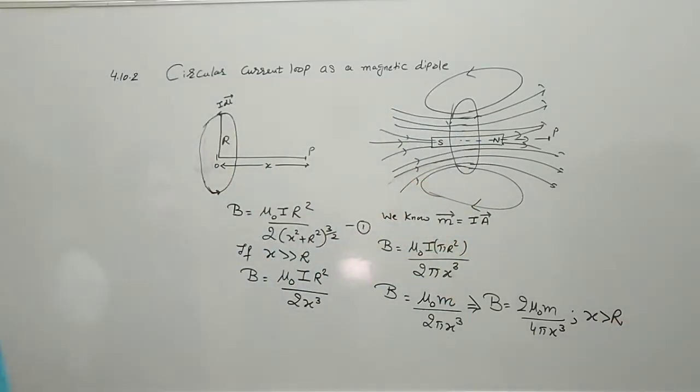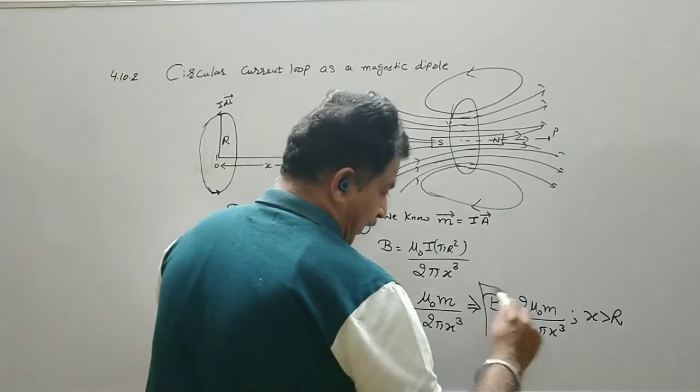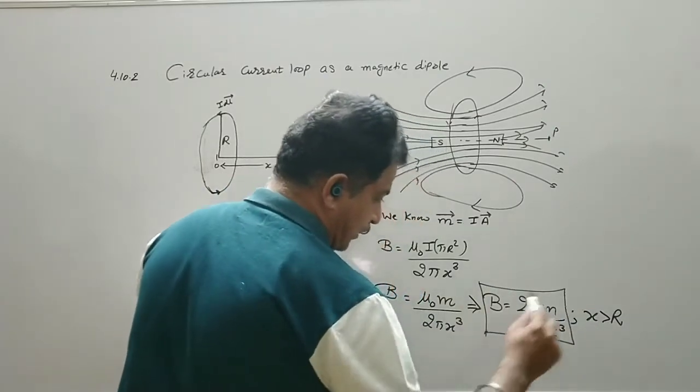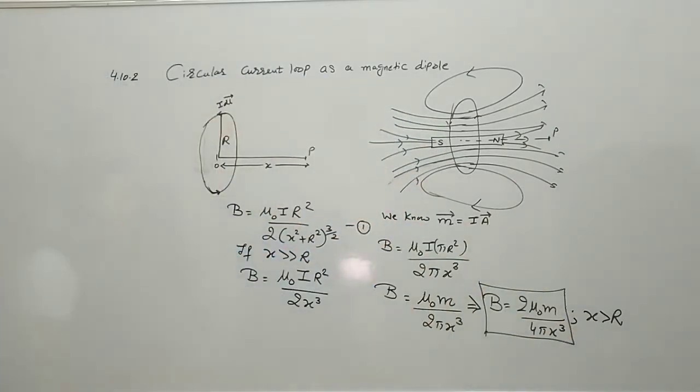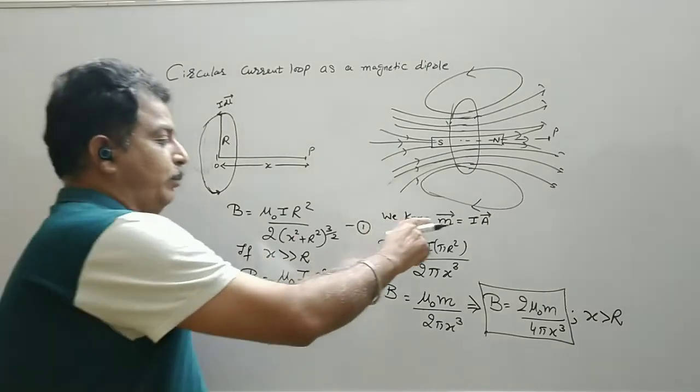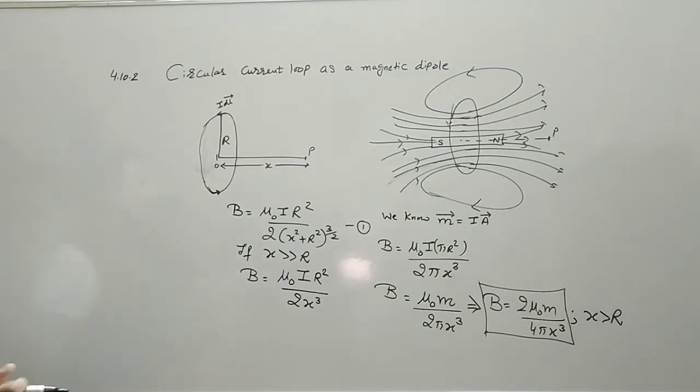Now see, the formula of the magnetic field intensity is in terms of the magnetic dipole moment, where the direction of the magnetic moment is determined by the right hand thumb rule.